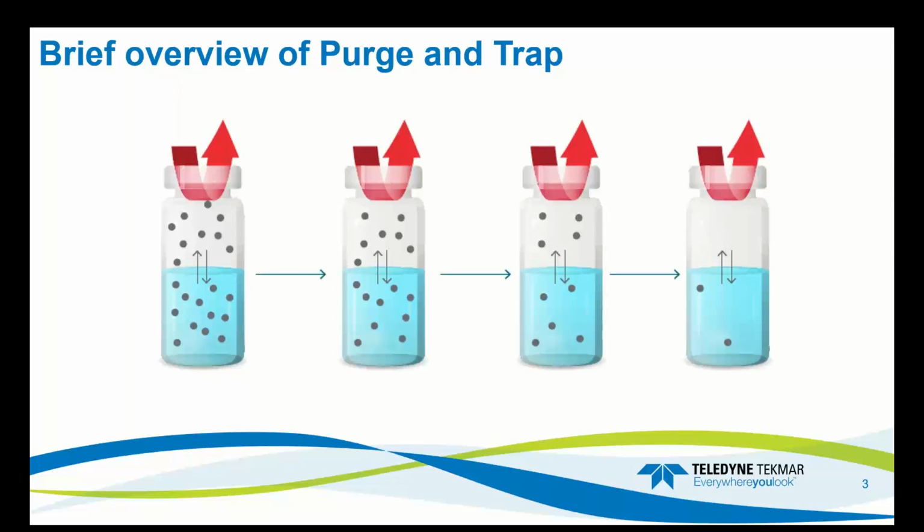Continuously replacing that headspace causes a disequilibrium, in that there is always a higher concentration of VOCs in the liquid phase than in the gaseous phase, creating a net movement of VOCs from liquid to gas, extracting the VOCs from the sample more efficiently and improving sensitivity. Then the gas is swept away onto the trap, where it is concentrated and released to the GC.